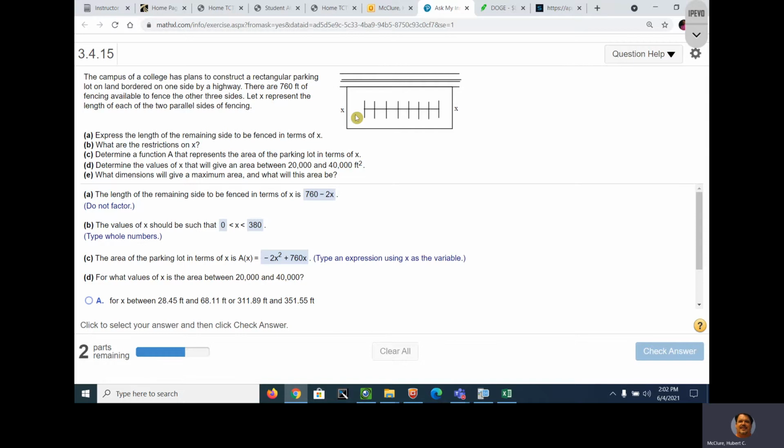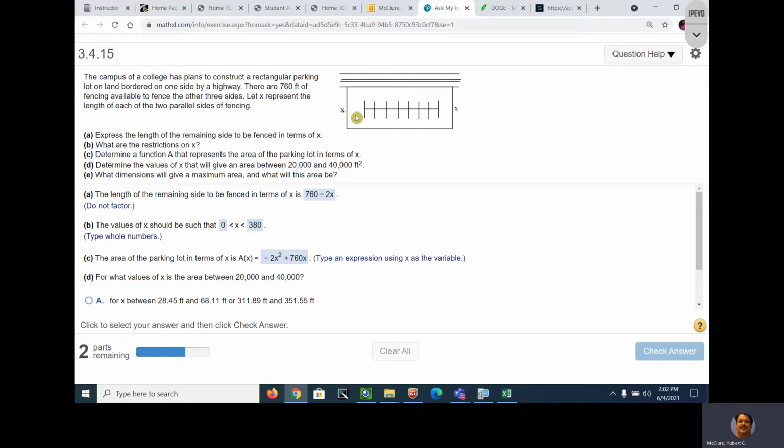And they can't be 0 because there's no such thing as 0 distance. Okay, 0 feet means nothing. Okay, so set that side equal to 0. So 760, this is A, this is B.